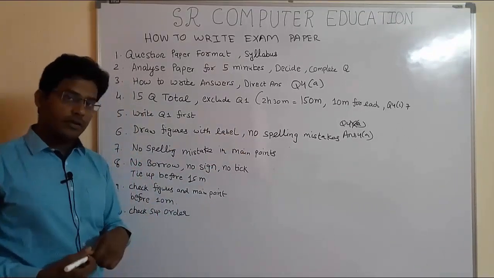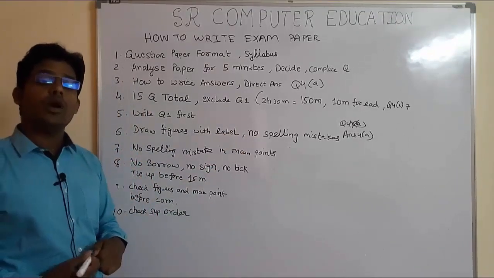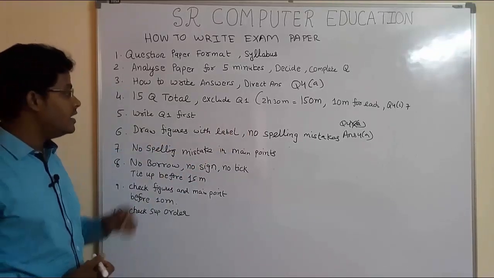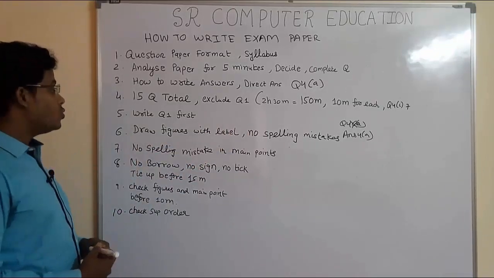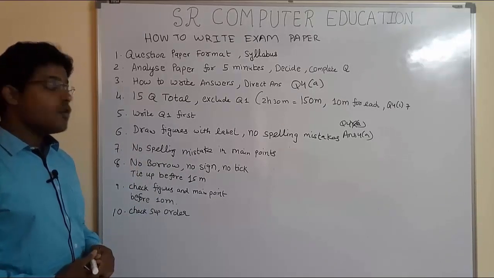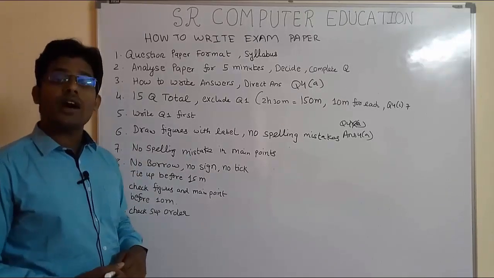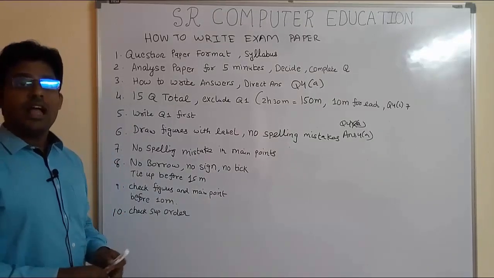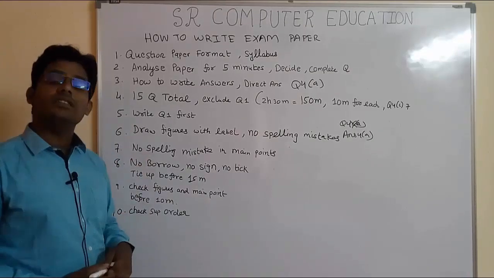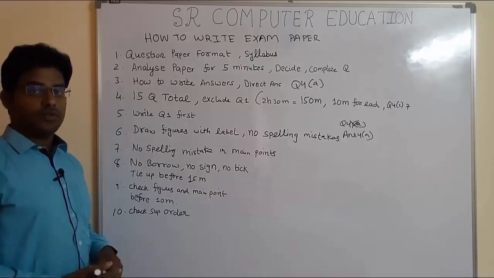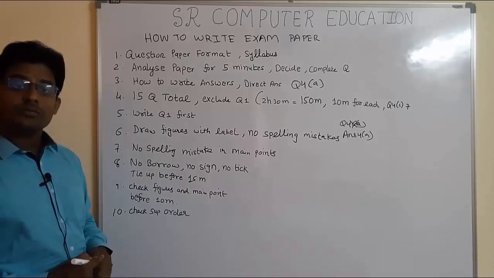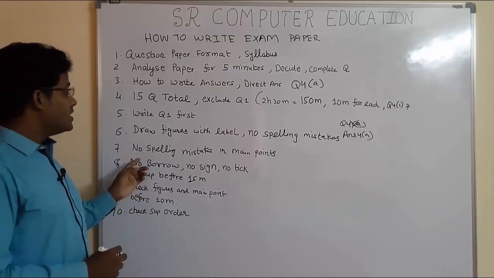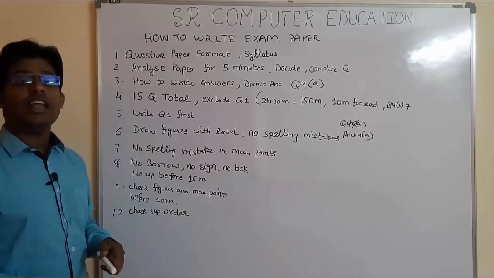Now, seventh point. Just as you make no spelling mistakes in labeling the figure, you have to make no spelling mistakes while writing the main points of the answer. Suppose a question is asked, explain this process, and you know that there are 10 points in the process. Students write the 10 points, but they do not spell properly for any of the points.